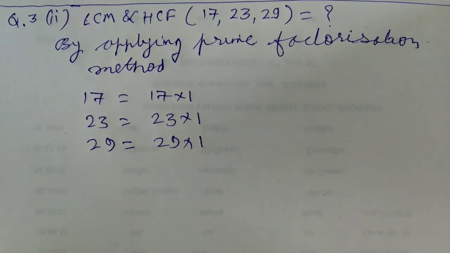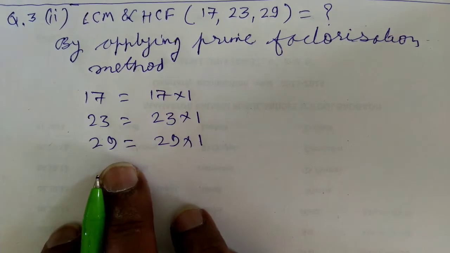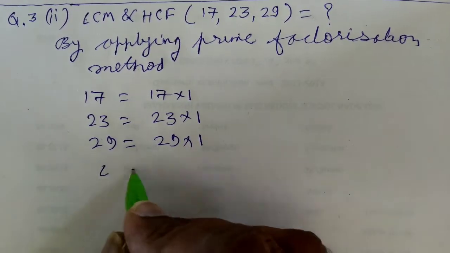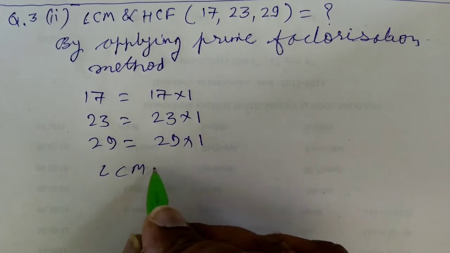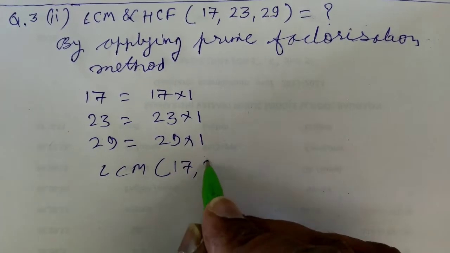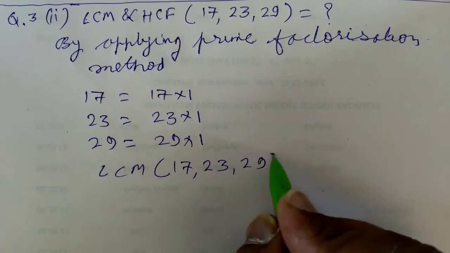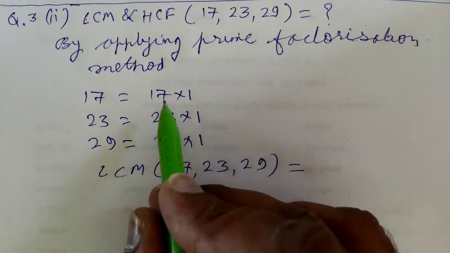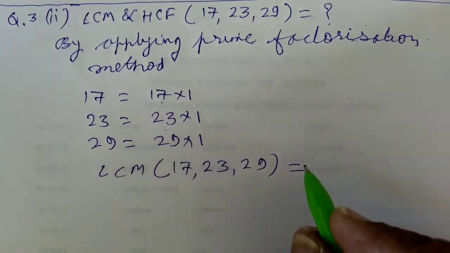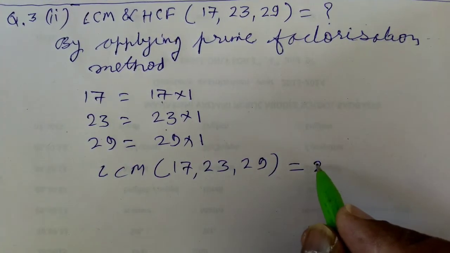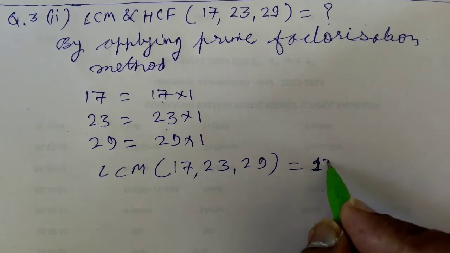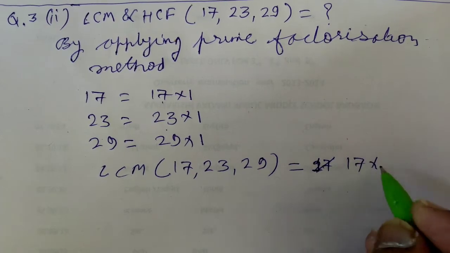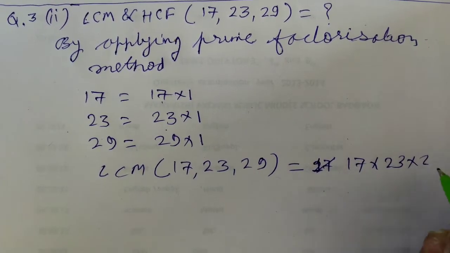So it is clear from the above calculations, the conclusion: the LCM of 17, 23 and 29 we will get by multiplying 17, 23 and 29.